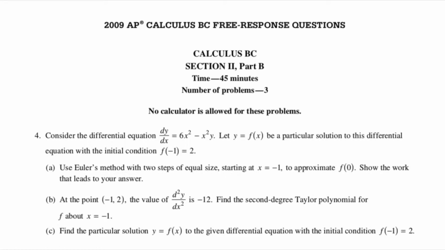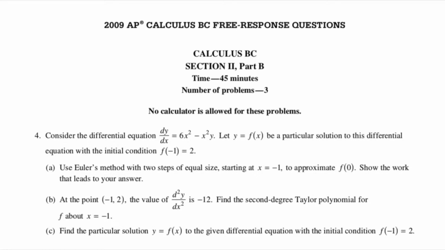So you can easily just divide negative 12 by 2, which would get you negative 6. And that would be your final answer. And the most important part of this problem is knowing what the second degree polynomial means and knowing the equation of the Taylor polynomial.